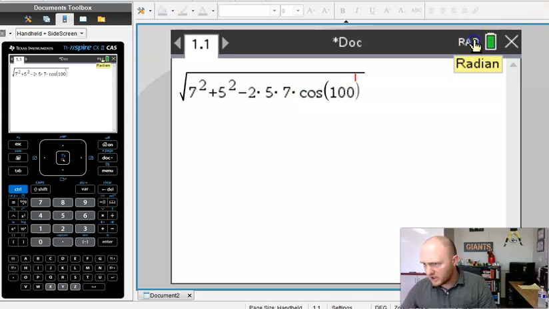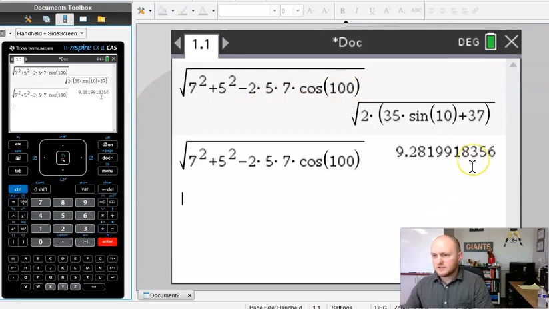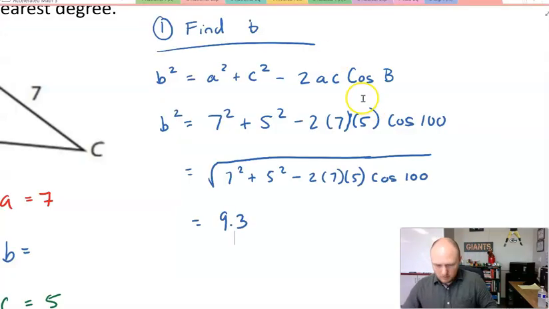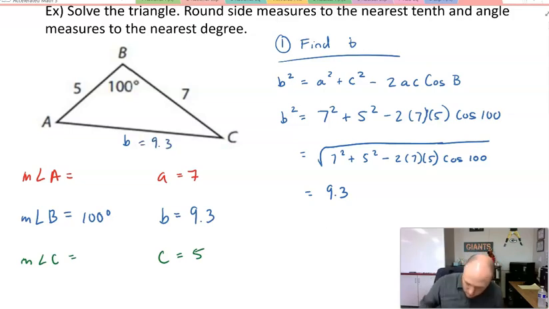And I'm going to make sure I'm in degrees because I'm working with degrees. And then we'll round that. It looks like we get 9.3. Good. Got that. So b is 9.3.